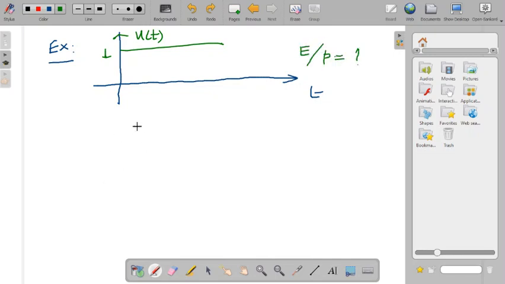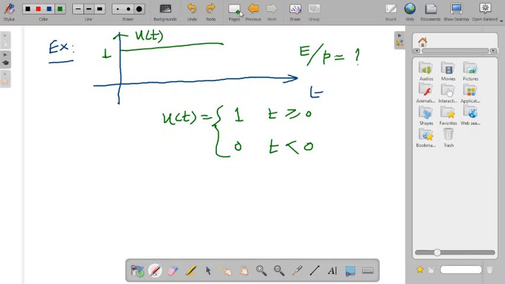We all know that u of t is defined mathematically as 1 for t greater than or equal to 0, and it is 0 for t less than 0. This is a mathematical definition of a unit step. So we want to test whether this signal is energy signal or power signal.